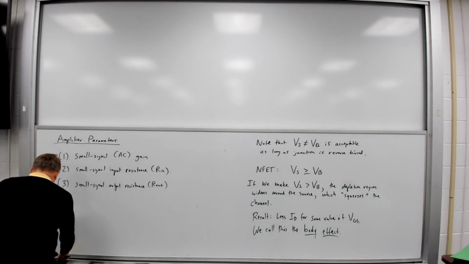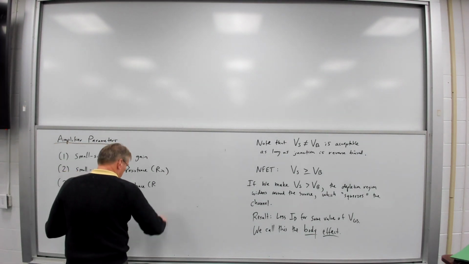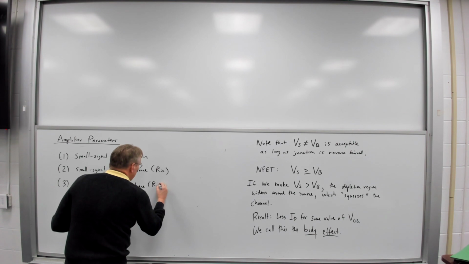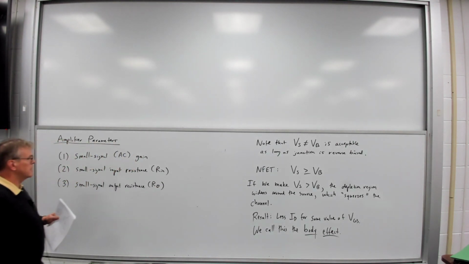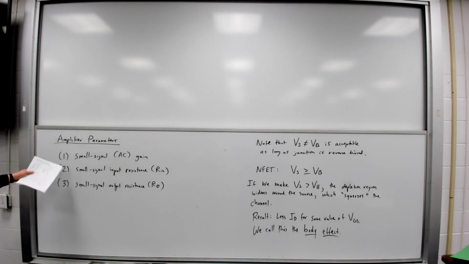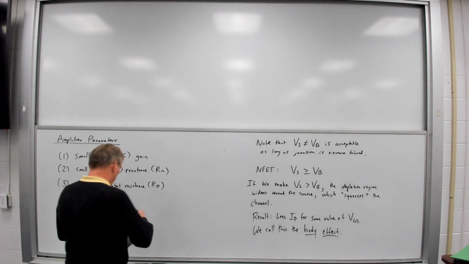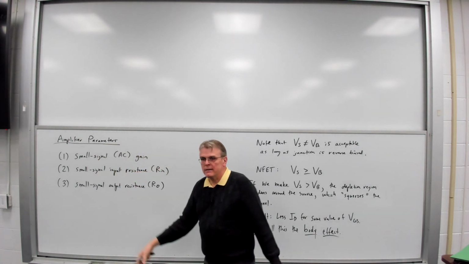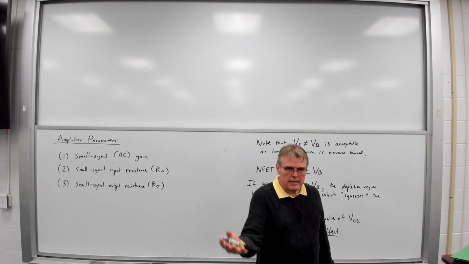Actually, I'm going to call this R sub O. I'll stick with the nomenclature in the text. So we looked at small signal input resistance R_in and small signal output resistance R_o. And last time we looked at how to calculate this using Thevenin's theorem.